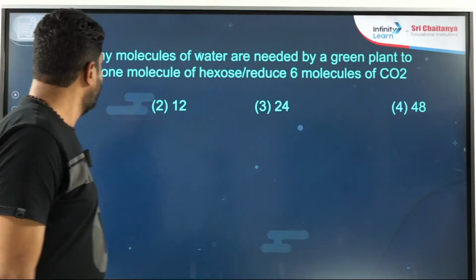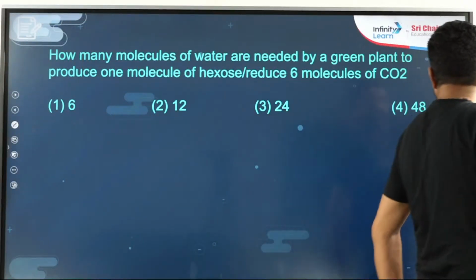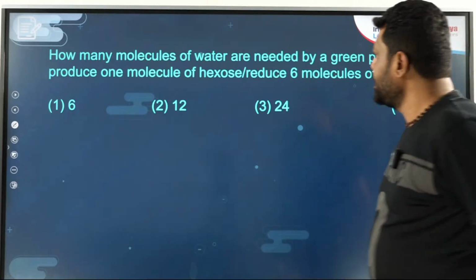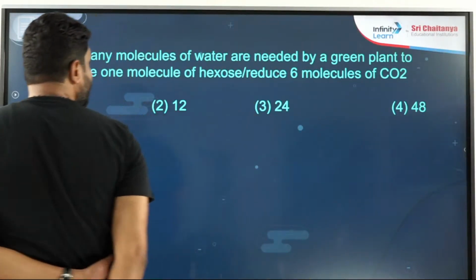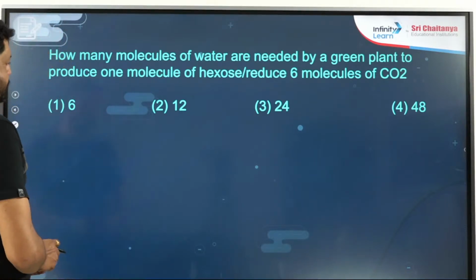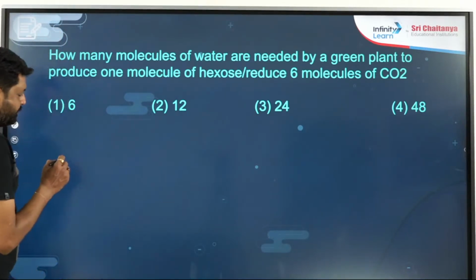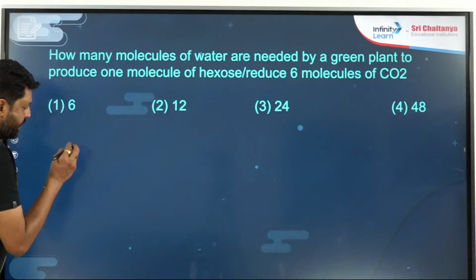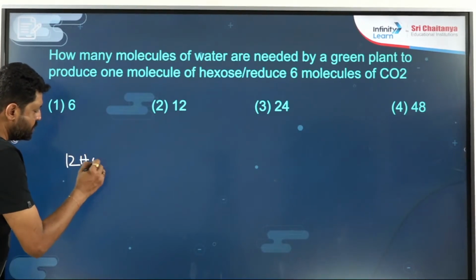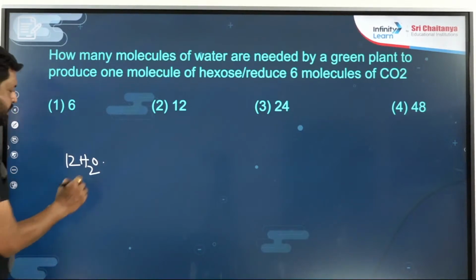Next question. How many molecules of water are needed for green plants to produce 1 molecule of hexose sugar, to reduce 6 molecules of CO2? I told you already, in light reaction, 12 water molecules will undergo photolysis of water.